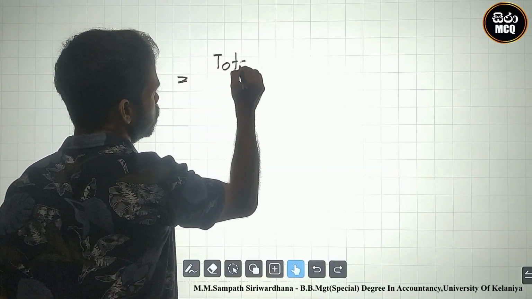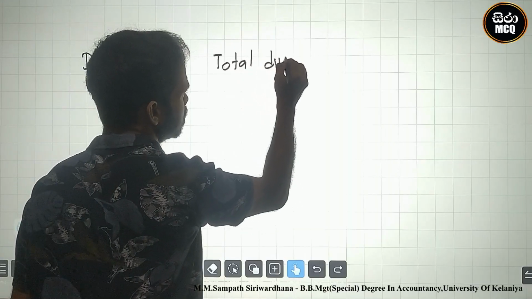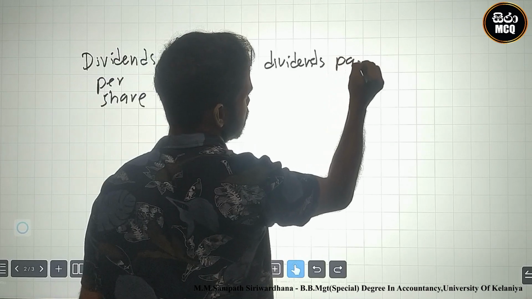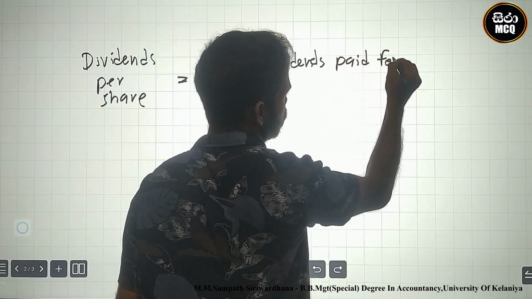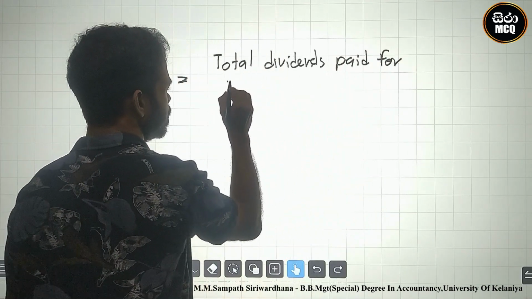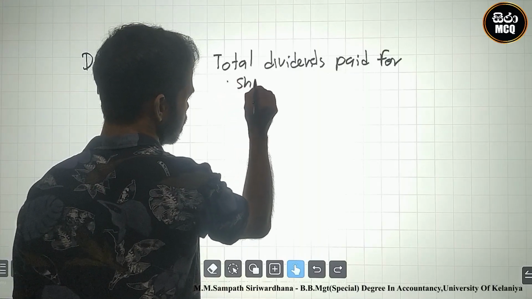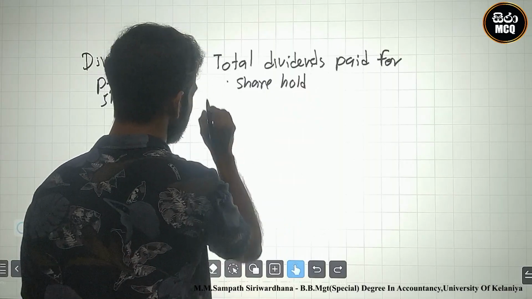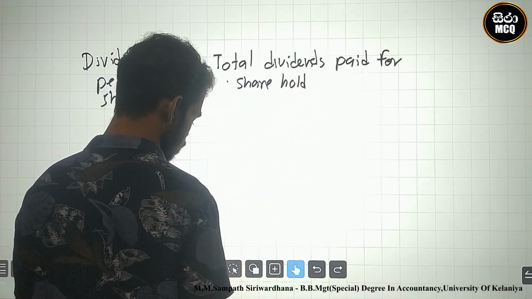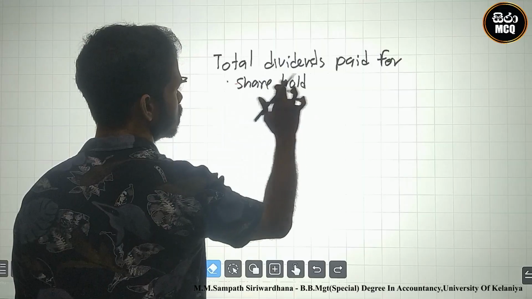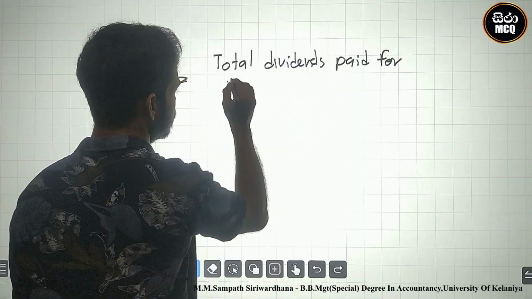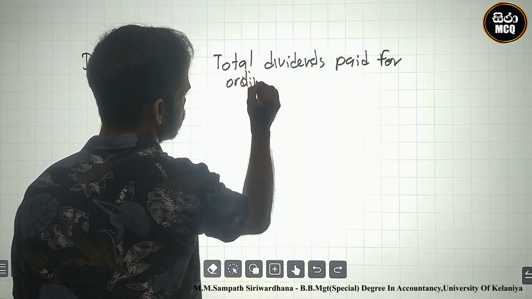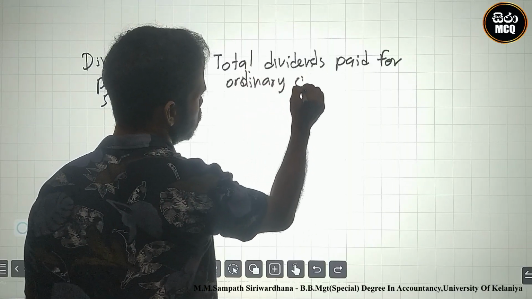Total dividends paid for ordinary shareholders.